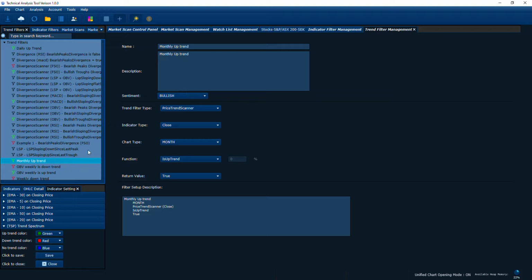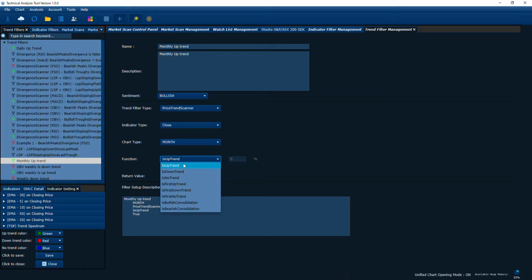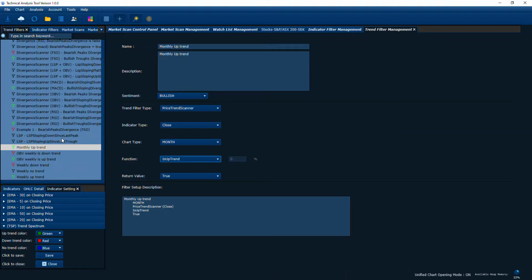So basically, you select the price trend scanner, because when we're talking about the trend chart on stocks, we're talking about the price, which is often the closing price. The monthly closing price should be in an uptrend, so is uptrend equals true. That's the first condition.